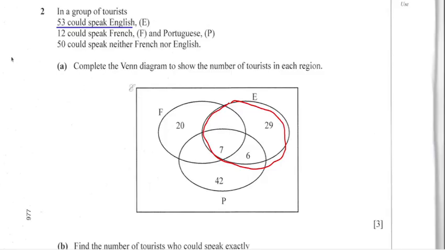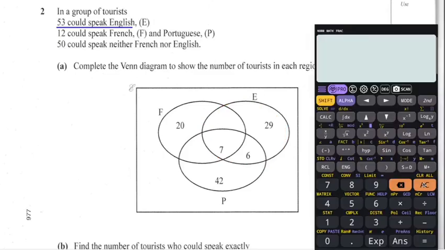How many are those? Let's bring in our calculator. What we already have there is 7 plus 6 plus 29, and this gives me a total of 42.